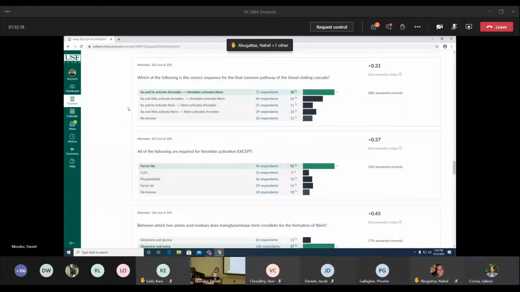Yes, it's that one. Okay, so this is just looking at that one slide that she repeats over and over again of which factors activate the next factors, and it's just going in order of what's activated first. So you know that factor 10A, which is the active form of 10, and factor 5A, the active form of 5, are associated with the platelet, so they're bound to the platelet membrane.